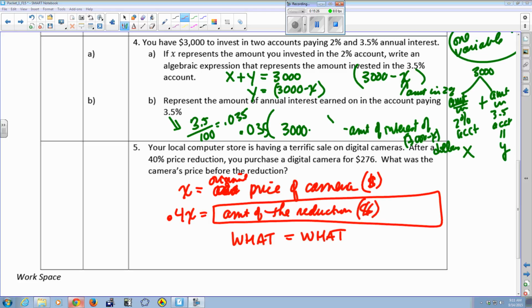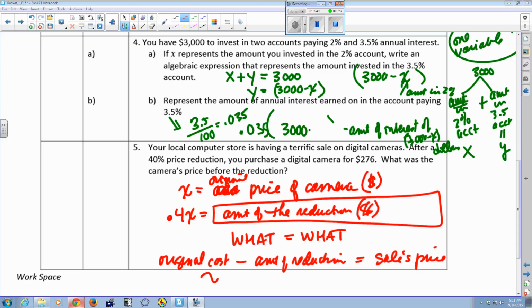And sometimes you could write this out in words for yourself. Usually we just go right to the algebra. But you know that the original cost minus the amount of the reduction is going to equal your sales price.